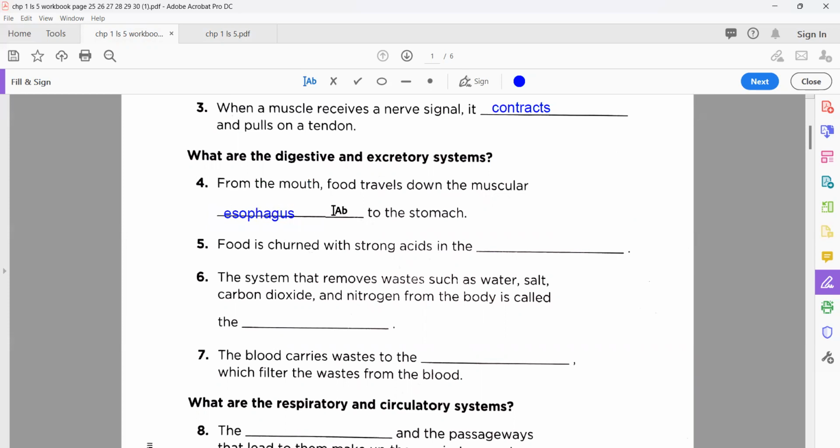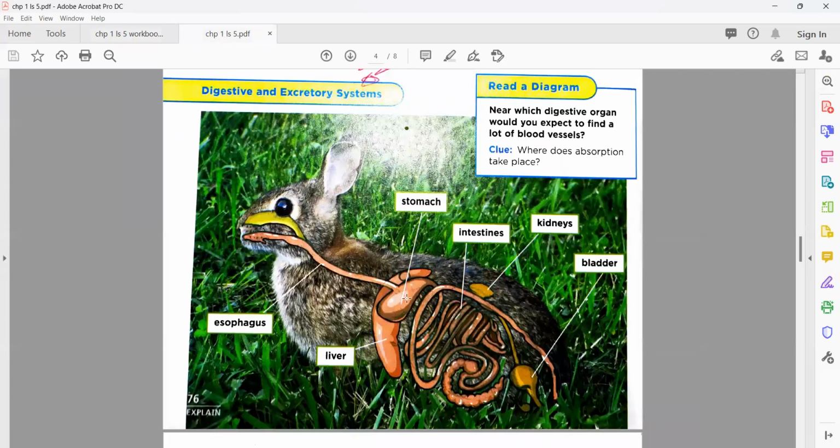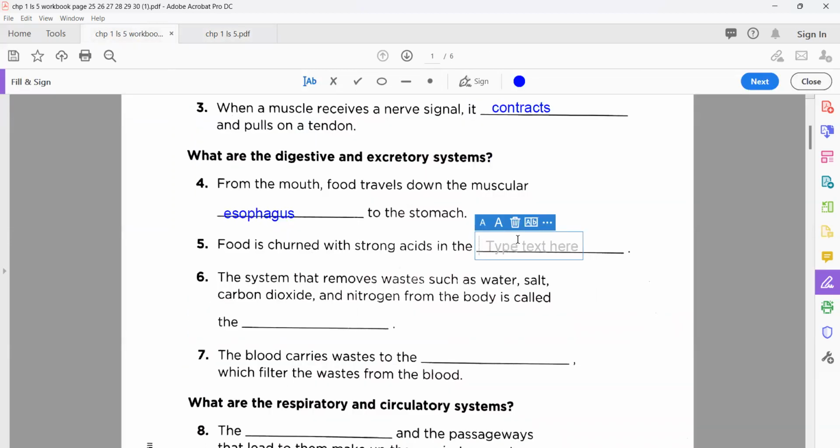Well done. Now, food is churned with strong acid in dash. The bag-like structure, this one, what do we name this? Stomach. Very good.